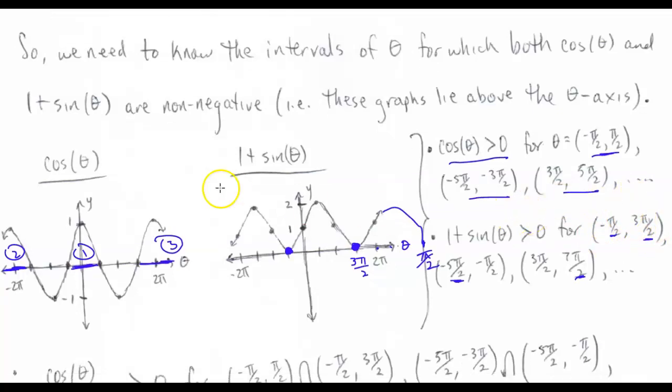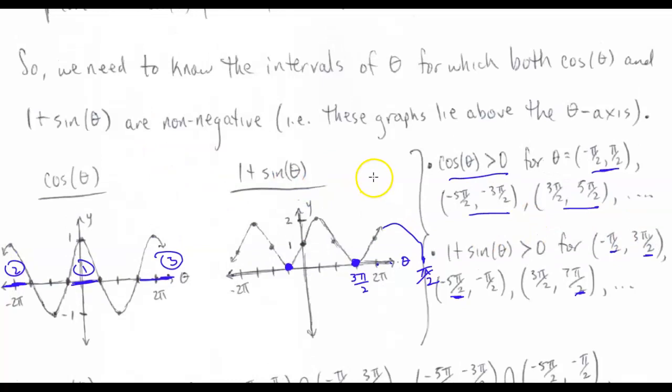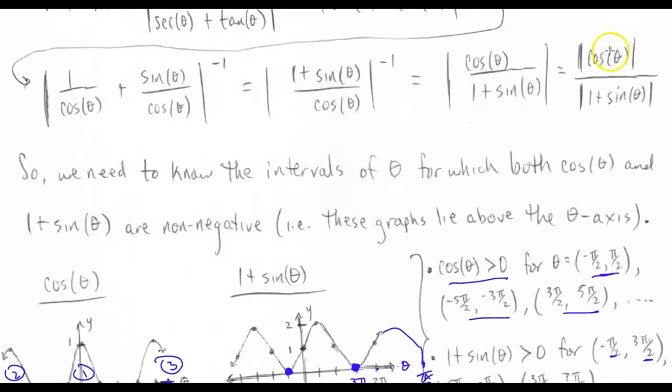Now, the point here is that since we are looking at cosine of theta divided by 1 plus sine theta, we have to find the values of theta that work for both of these, meaning the collection of theta values where both of them are simultaneously above the x-axis.